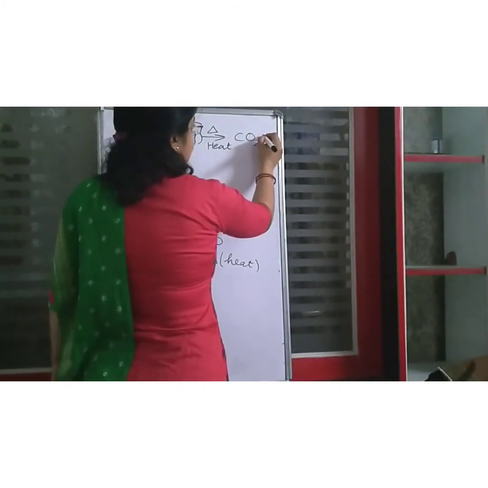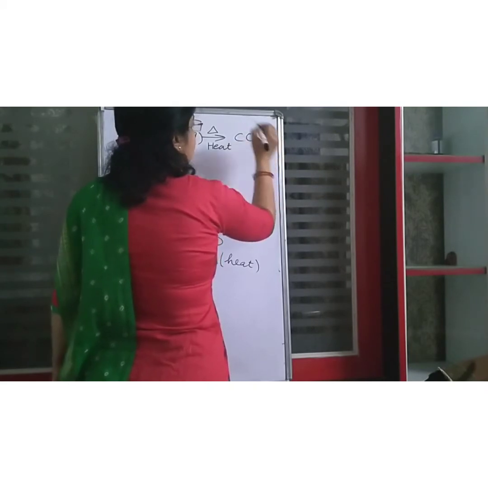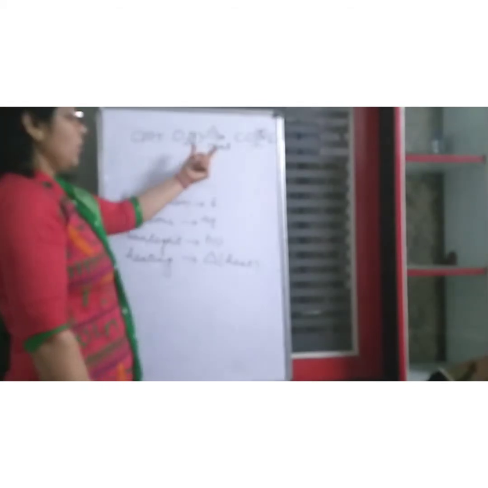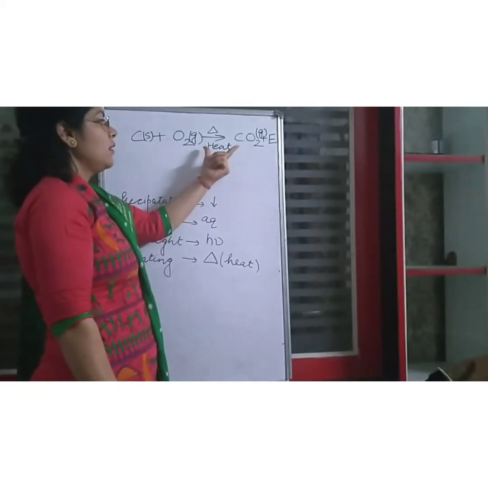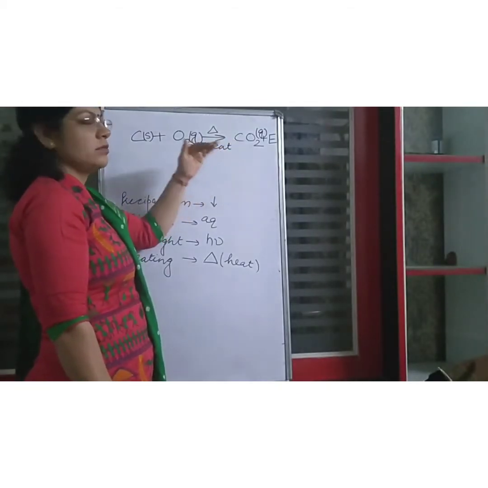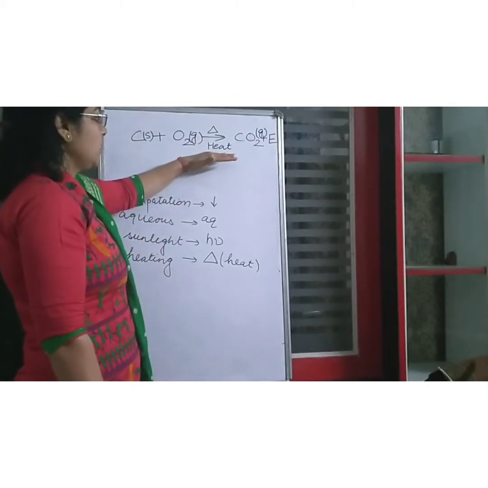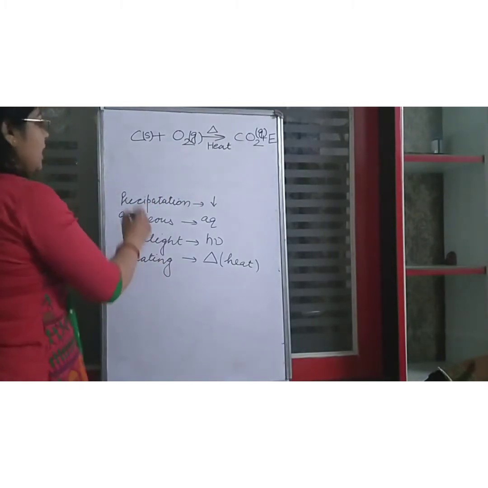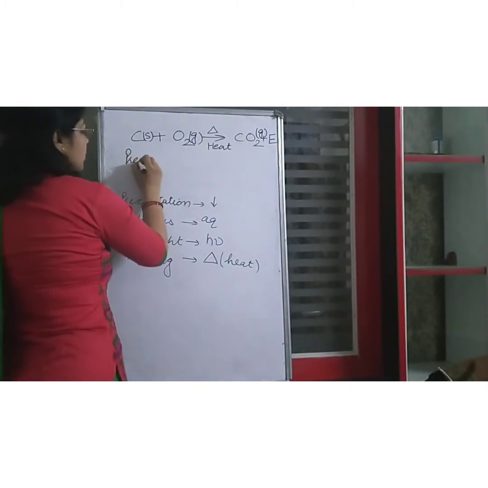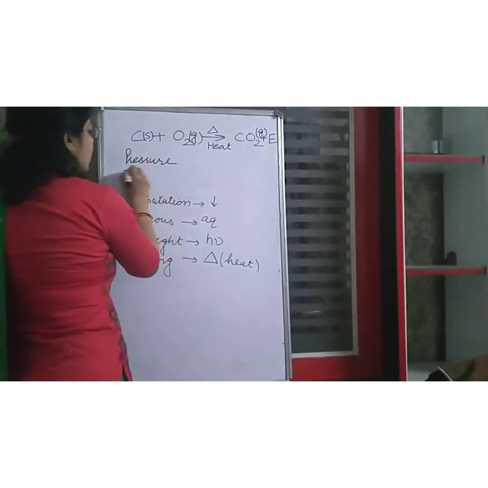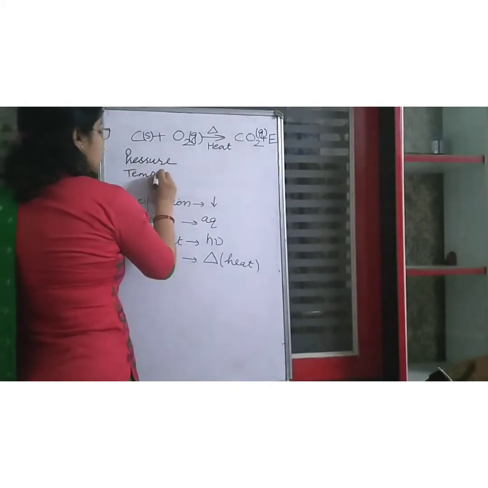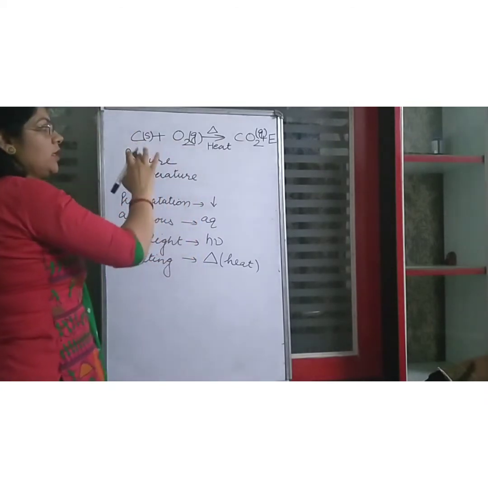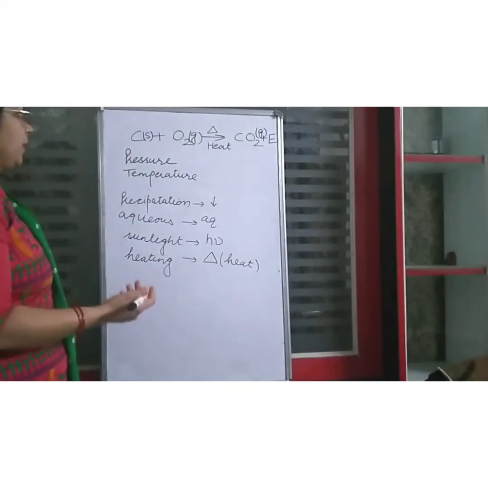Similarly, carbon dioxide exists in gaseous state, so I write here G. On the arrow we write the conditions in which the reaction takes place, just like the pressure or the temperature, meaning at which temperature or at which pressure these reactions will take place.